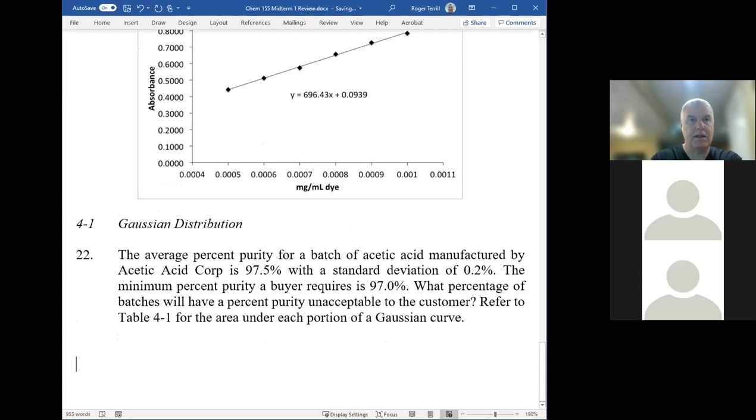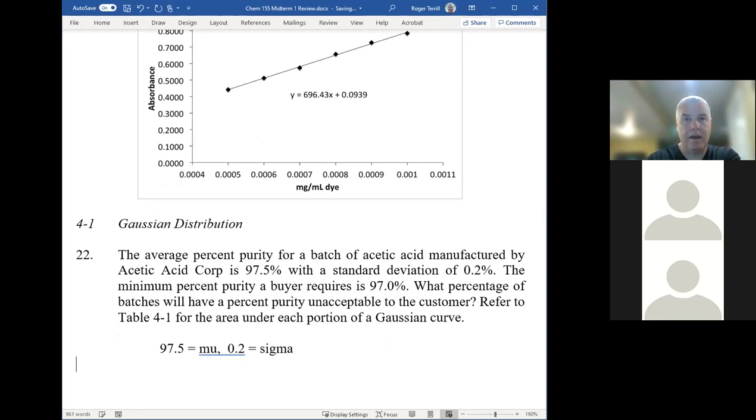So let's do this. Let's say 97.5 is equal to mu, and 0.2 is equal to sigma.